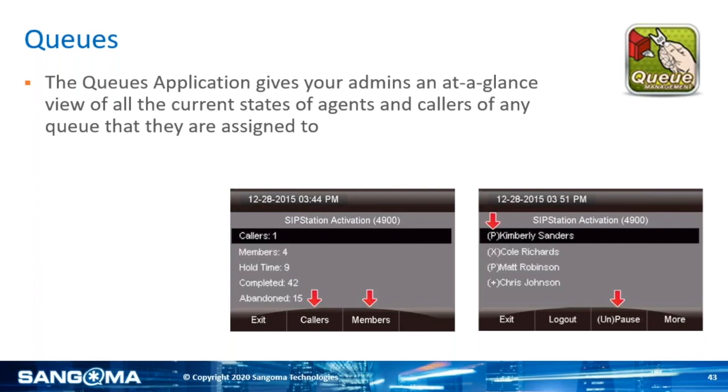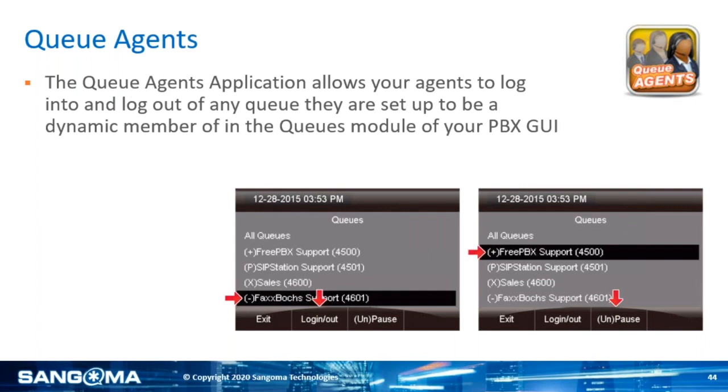So you can pause or unpause someone in a queue or log them out. And if you're an agent within those queues, you can actually manage that yourself for whatever queues you are logged into right from the queue agents application.